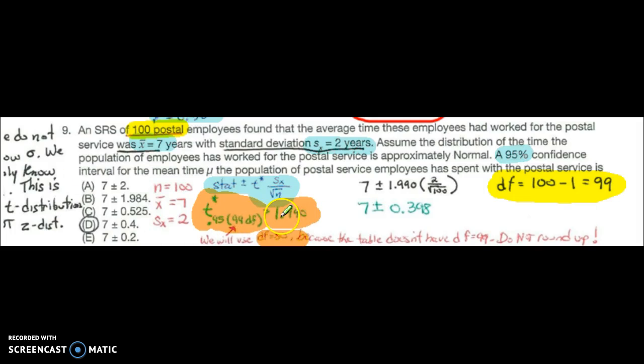If you do it in the calculator, you're going to get the exact value, but 1.99 will work. So I'm going to take my point estimate plus or minus my critical value of t times 2 over the square root of 100. So that's how I got D.